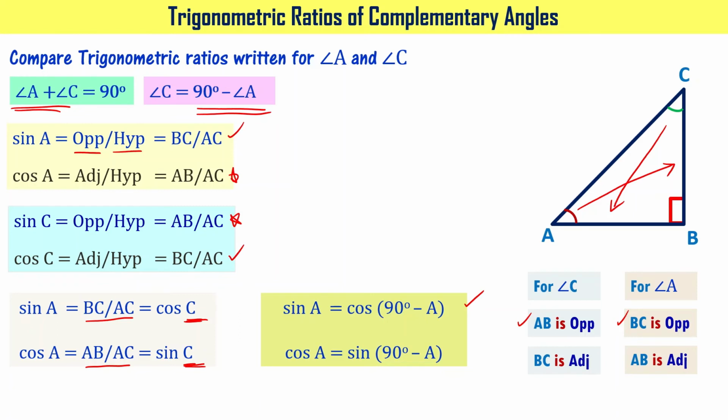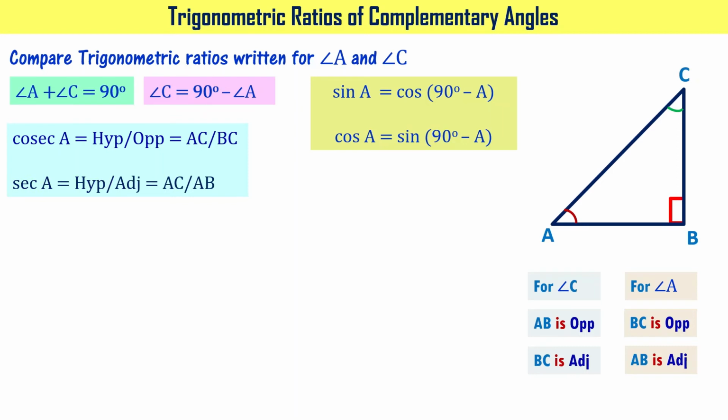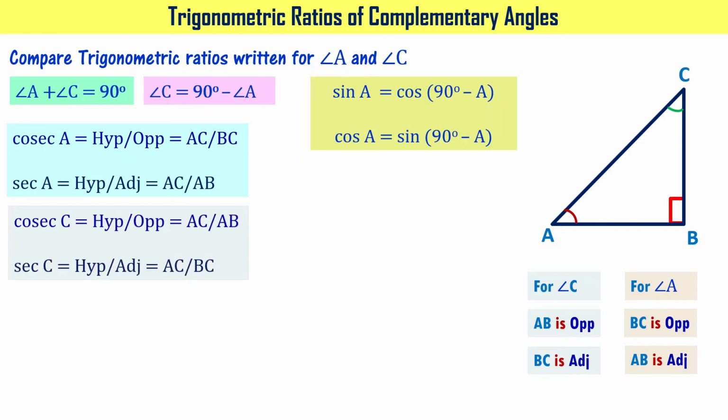Okay, let's take a note of this. And now let's look at another pair of trigonometric ratios. Cosec A can be written as AC by BC, and sec A can be written as AC by AB, right? Cosec C is written as AC by AB and sec C is written as AC by BC. Now look at this.